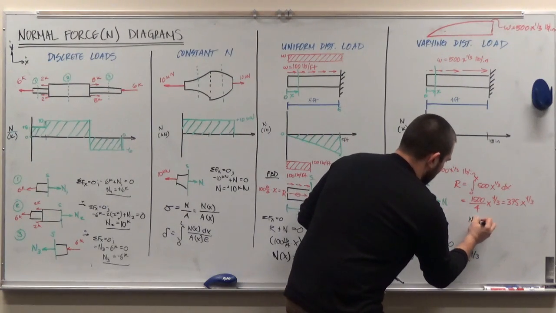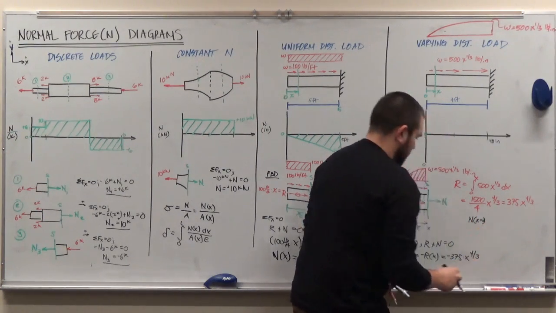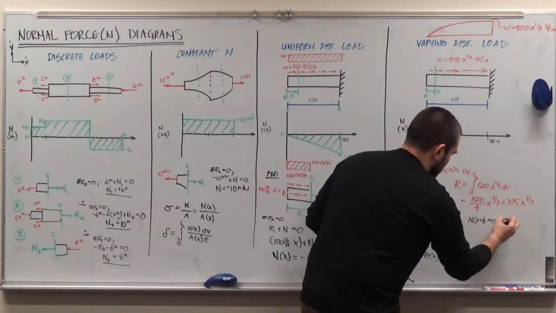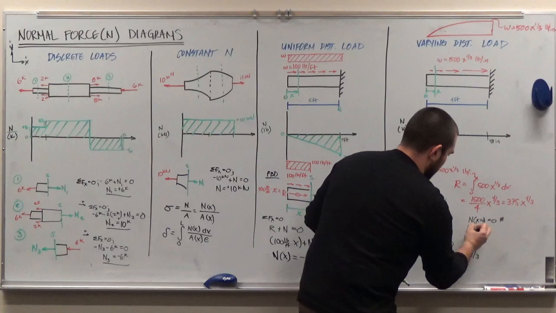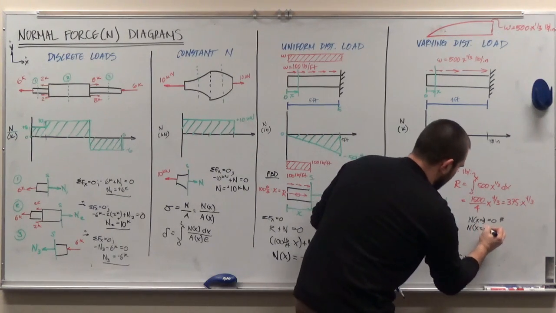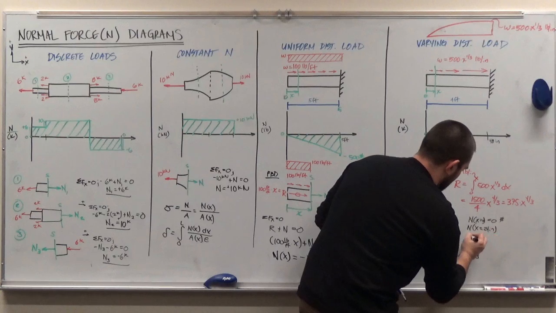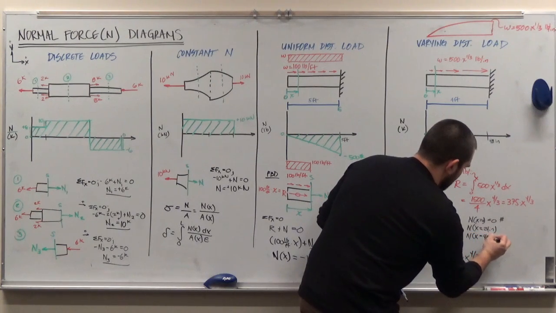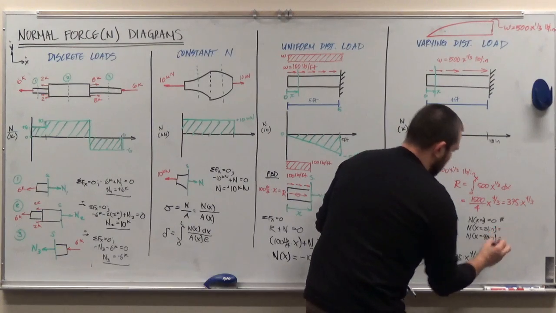The internal normal force at x is equal to 0 will simply be 0 pounds. We're also going to calculate the internal normal force at x is equal to 24 inches, and the internal normal force at x is equal to 48 inches.